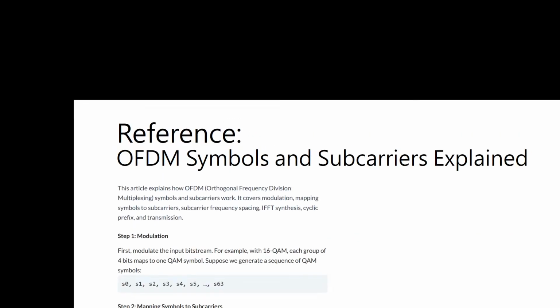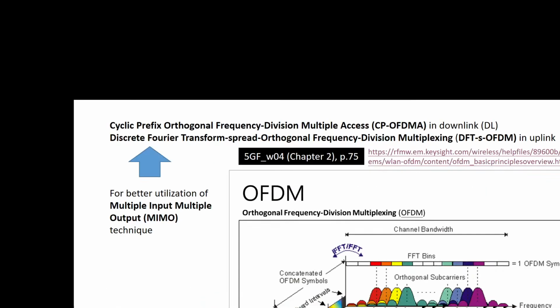Okay, so that's OFDM. For uplink, you see the method is discrete Fourier transform spread orthogonal frequency division multiplexing. Remember I said why upload? Download is faster than upload.